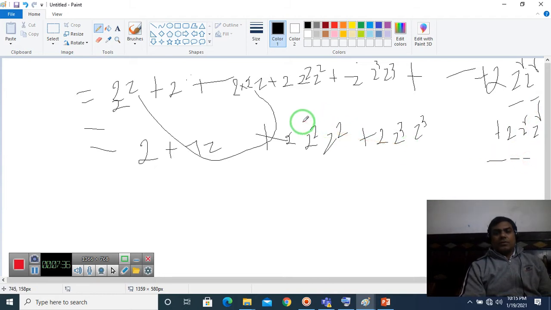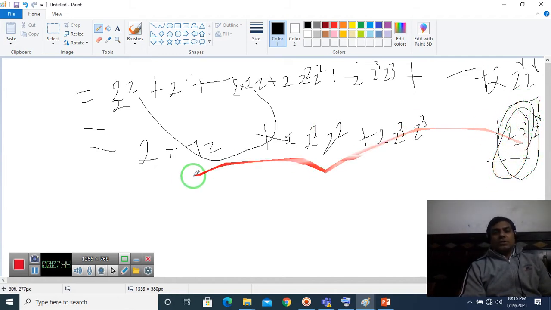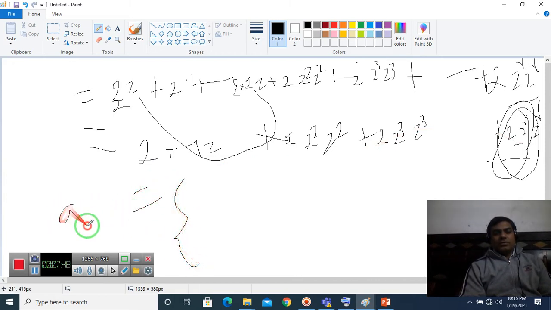We know that the coefficient of z to the power r is known as the numeric function a_r. Here z to the power 0 means r equal to 0, where the result is 2.